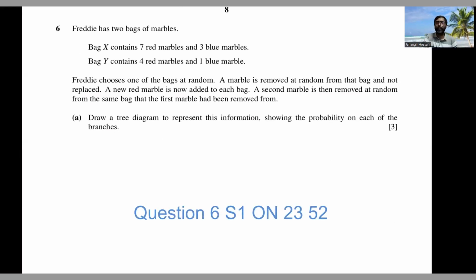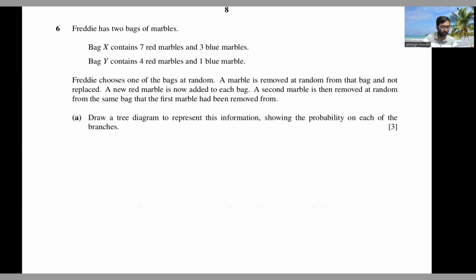In question 6, Freddie has two bags of marbles. Bag X contains 7 red marbles and 3 blue marbles. Bag Y contains 4 red marbles and 1 blue marble. Freddie chooses one of the bags at random.